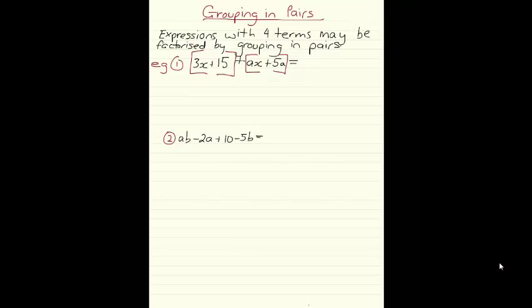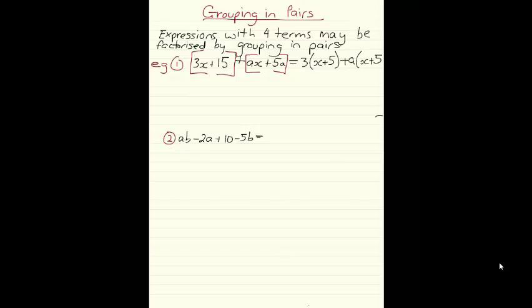If 3x plus 15 is our first pair, then what you have there is a common factor of 3 outside of x plus 5. And then in our second group, we have a common factor of a outside of x plus 5.